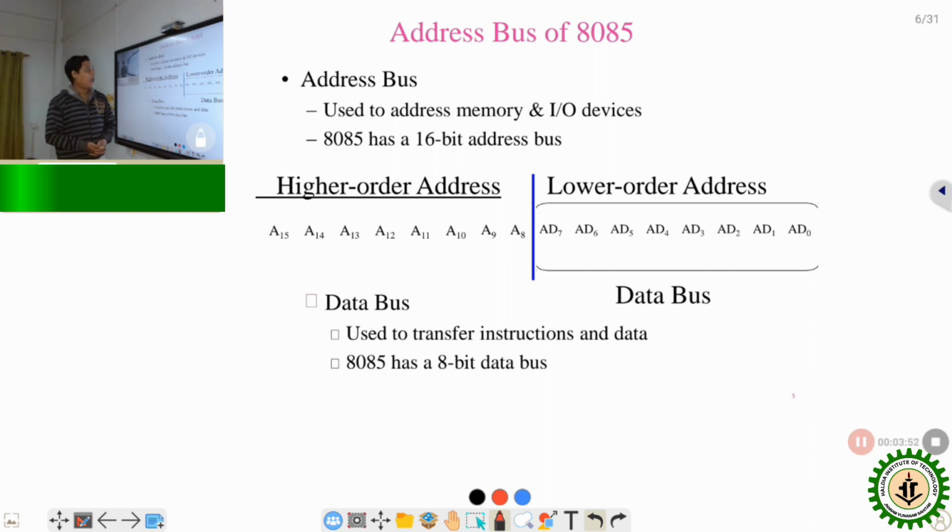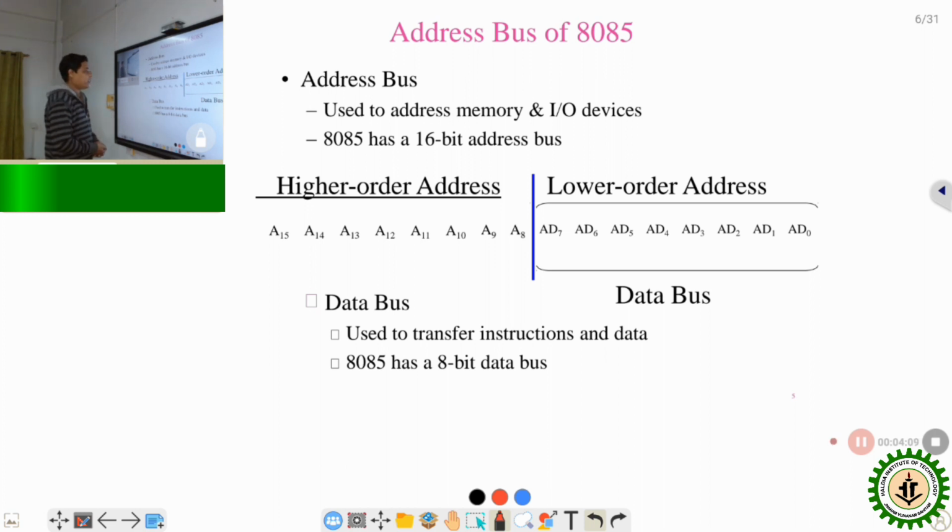So the address lines' function is to identify a particular memory location or IO device before communicating any data or instruction with the memory element.